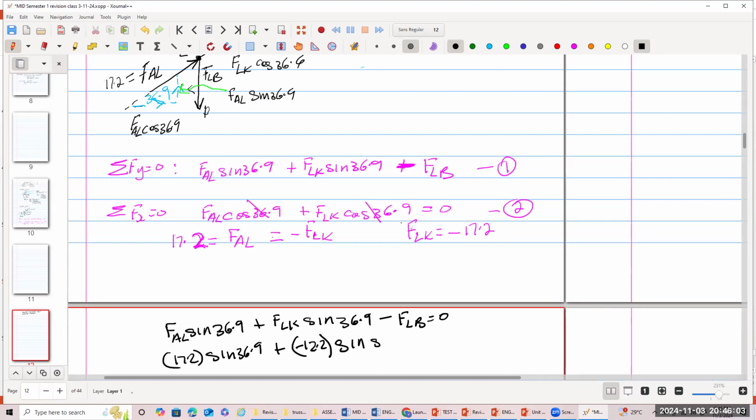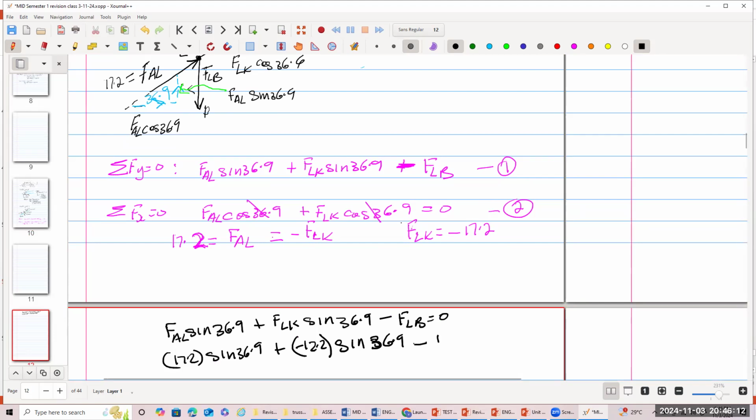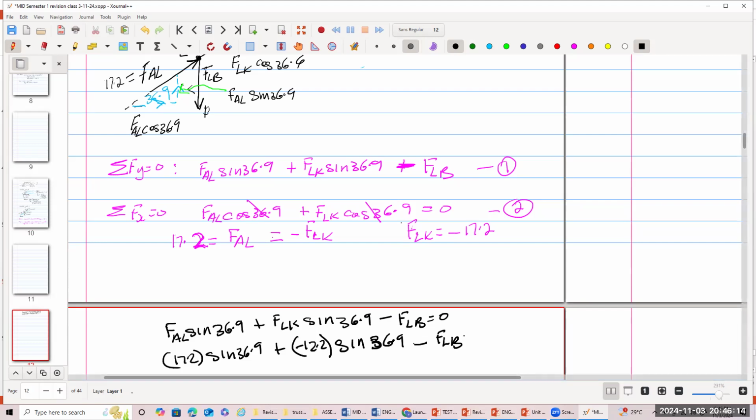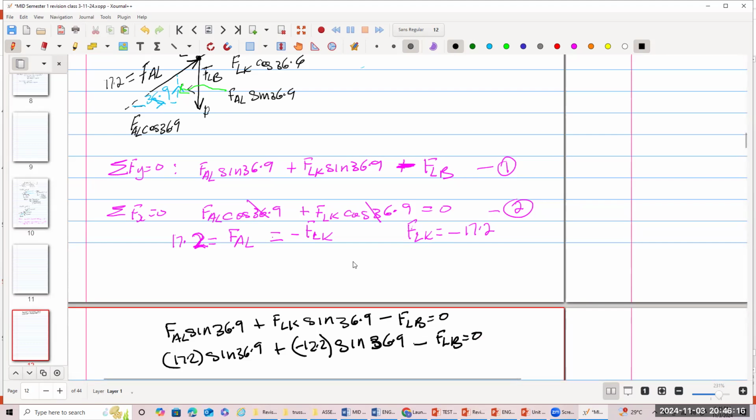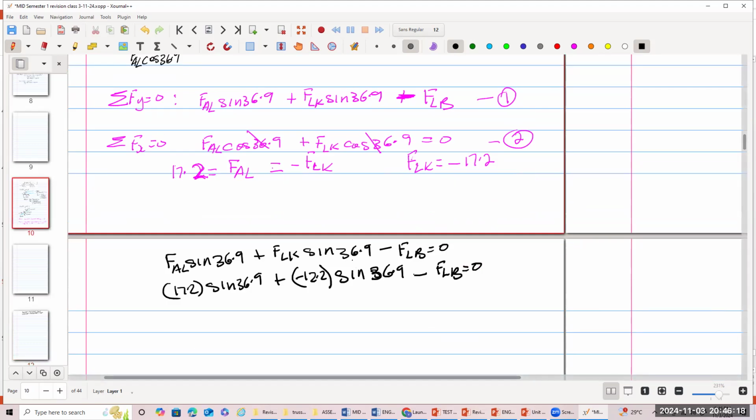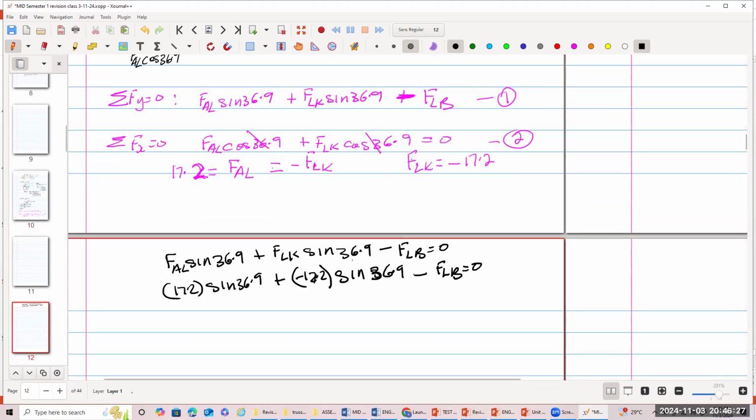Sine, if you are doing a different joint now, and you assume that it's going into the joint, then you have to make it positive. Minus FLB equal to 0. All right, what does that give us? That means that FLB, but hold on. This is 17, so that one is 17.